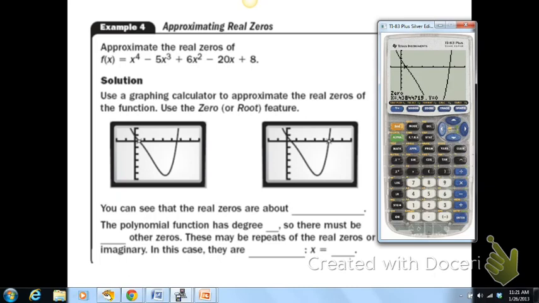So about 0.44. If I'm getting the other 0, I'm going to hit second, trace, choose 0 all over again. And now I'm going to use my right arrow button to get my cursor all the way over to the other side. I think a shortcut actually, if you can see, this is 1, 2, 3, 4, somewhere like 4.5.